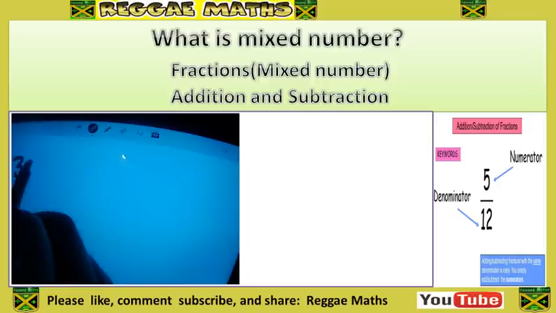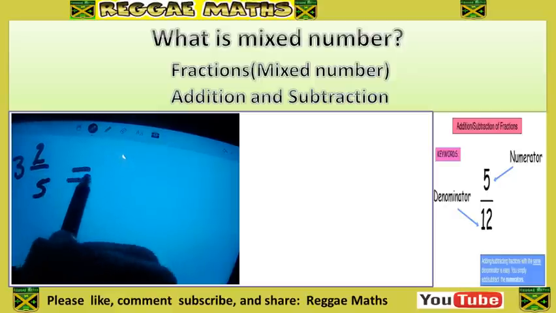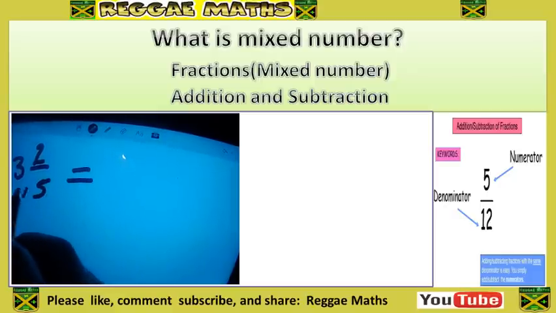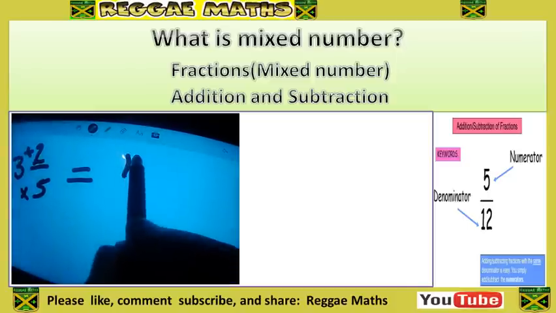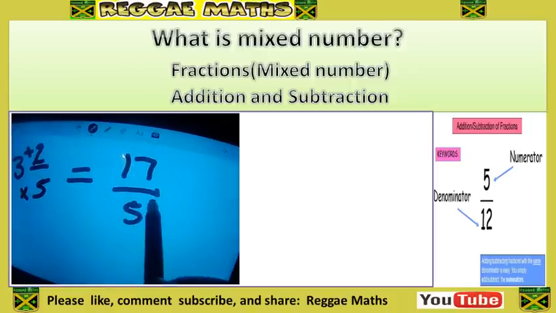Next, 3 and 2/5. 5 times 3 is 15 plus 2 is 17 over 5.